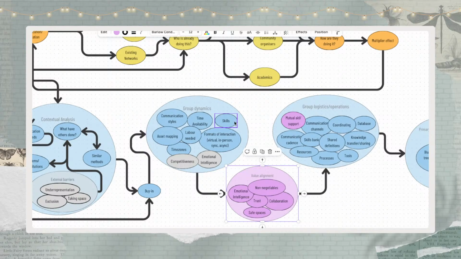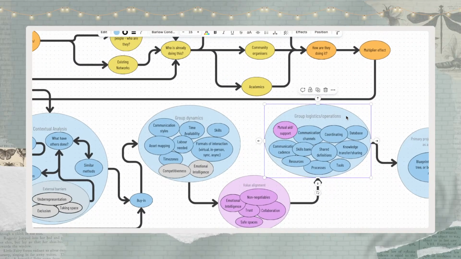And then once you have an understanding of the dynamics and you're aligned in values, there comes the reality of working as a group, what we've titled group logistics and operations.